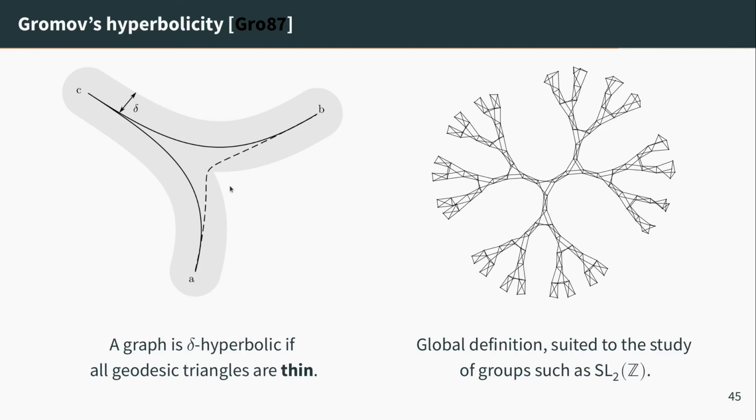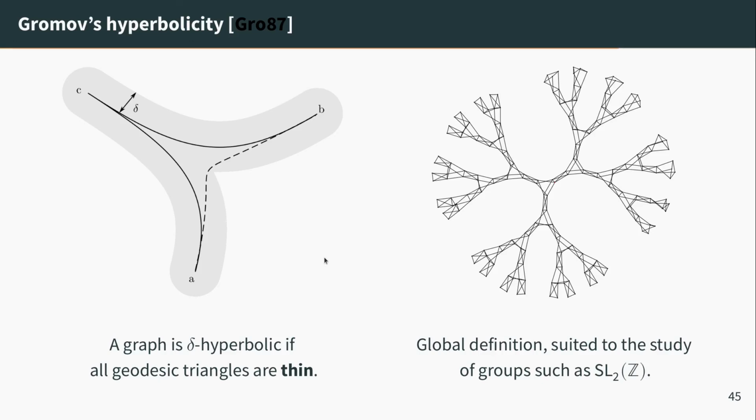And if you think about it, this is exactly the type of behavior that you find on a tree. Because a tree is an acyclic graph, on a tree you only have one path to go from A to B, B to C, and A to C. So on a tree, actually, delta is equal to 0.